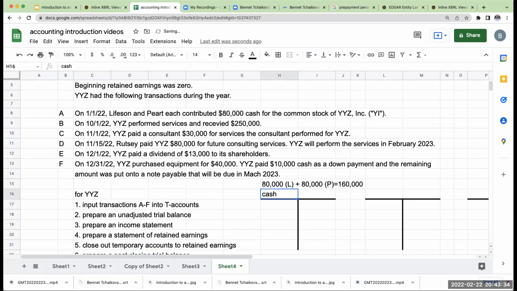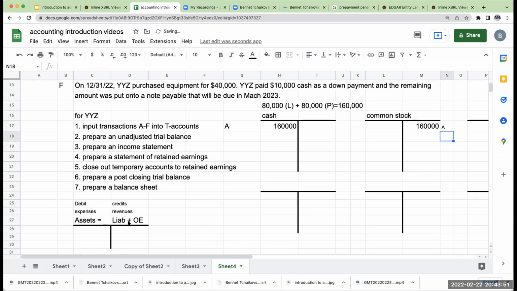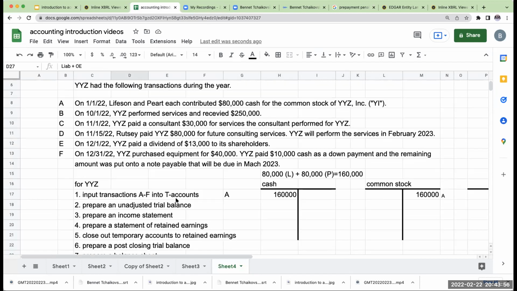So cash is an asset, and this is going to be increasing by $160,000. Over here, I'm going to be crediting common stock, right? I'm giving them common stock. Common stock is a part of owner's equity. Does that make sense? So I'm going to show that credit over here.